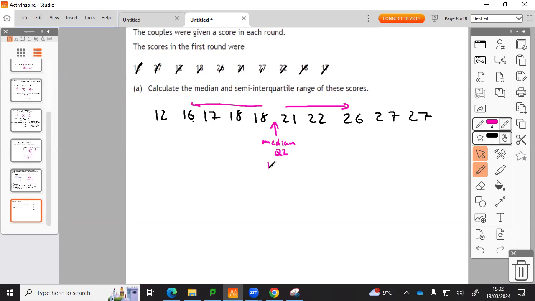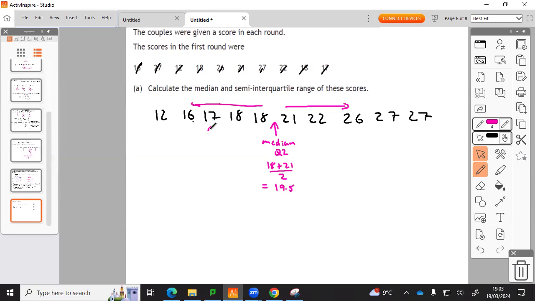Okay, and to find that, 18 plus 21 divided by 2, so 39 divided by 2 is 19.5. So far, so good. I've got five numbers to my left.